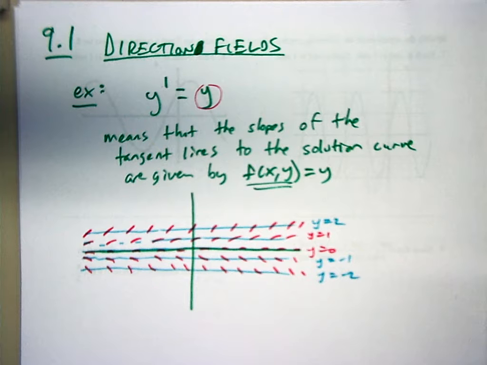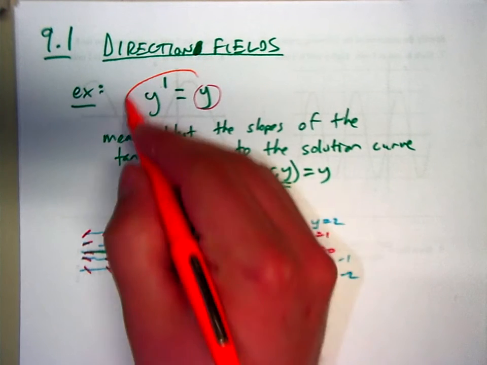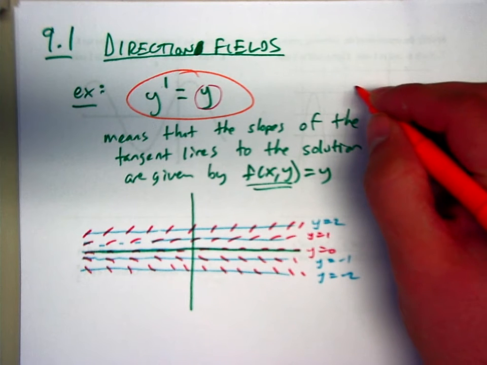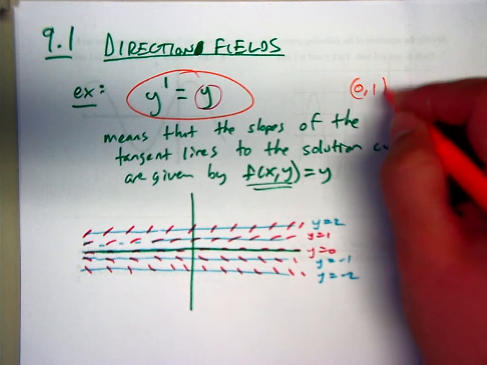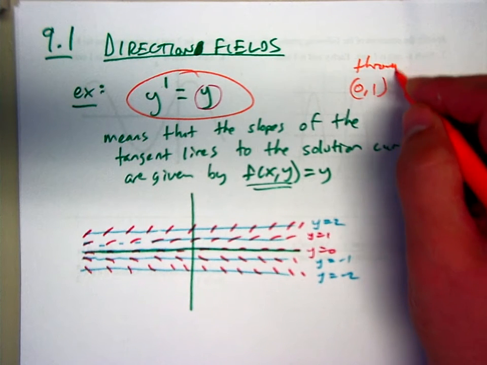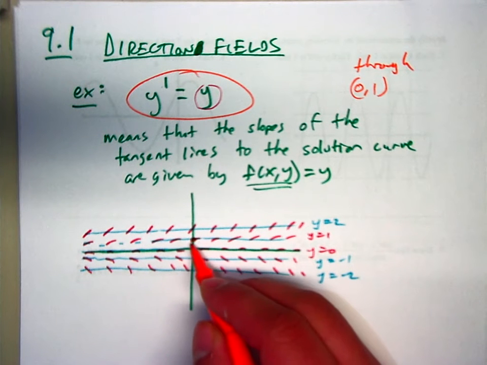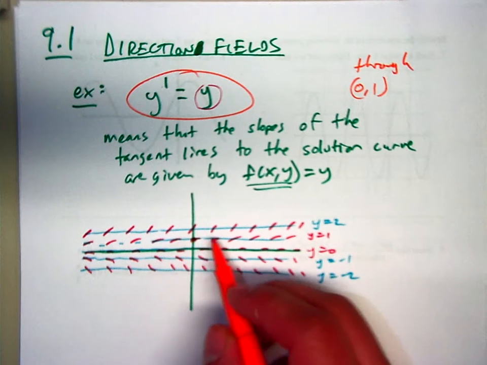Okay? And now, we can talk about one of the big ideas in this section. From a direction field, if you're given a point, like an initial condition, let's say that we're looking for a solution so that it goes through 0, 1. Well, here's 0, 1. So this point needs to be part of the solution curve.